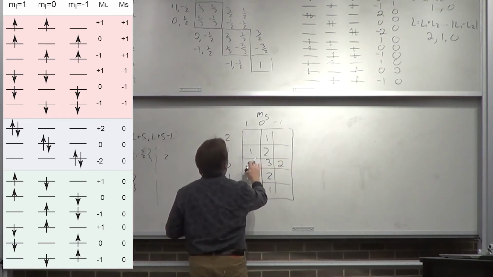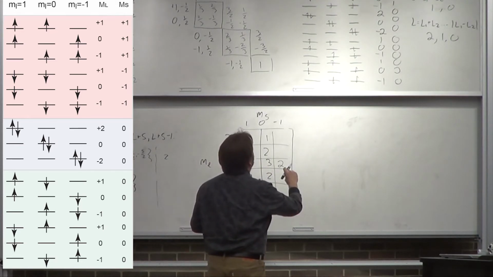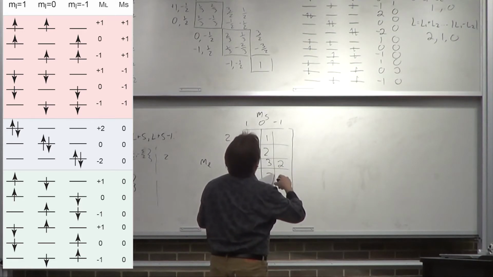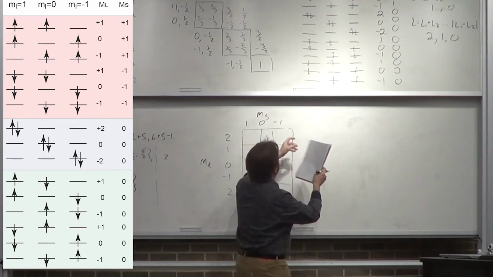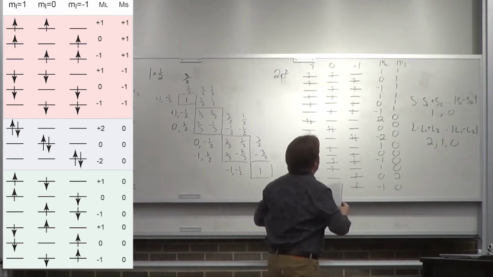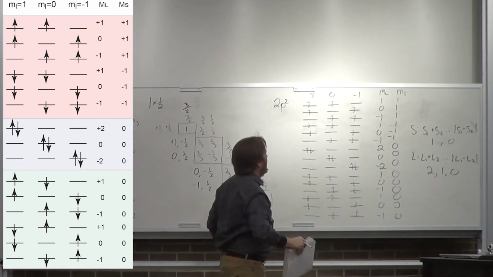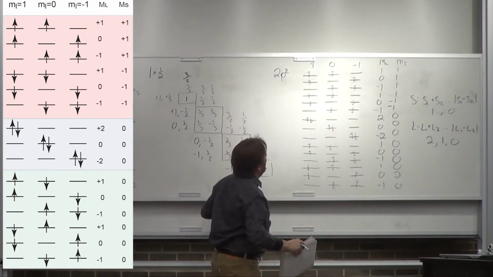No, 0, 0, 1. What the hell is wrong with me? 0, 1. Wait a minute. I screwed this thing up. Look at this. Minus. Okay. That's why I kept getting, I got a 0, 1.